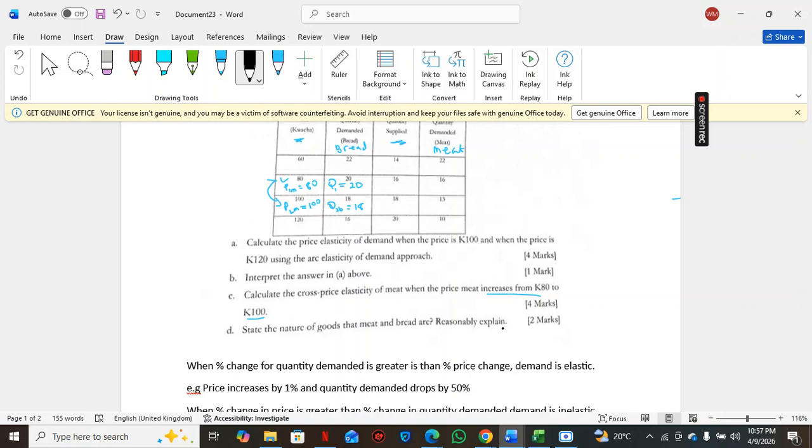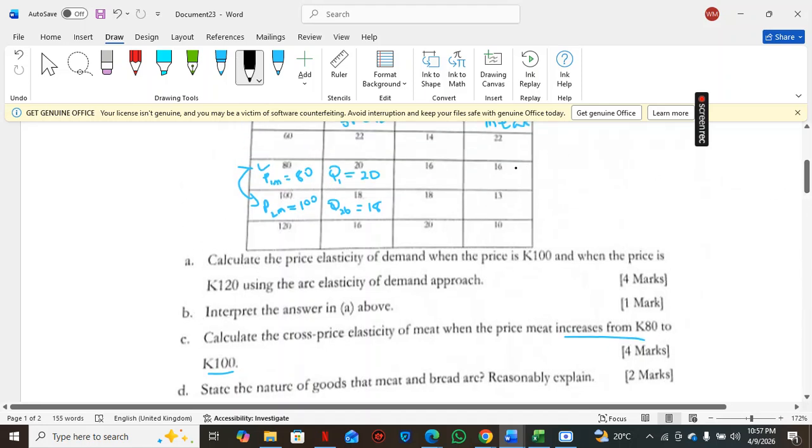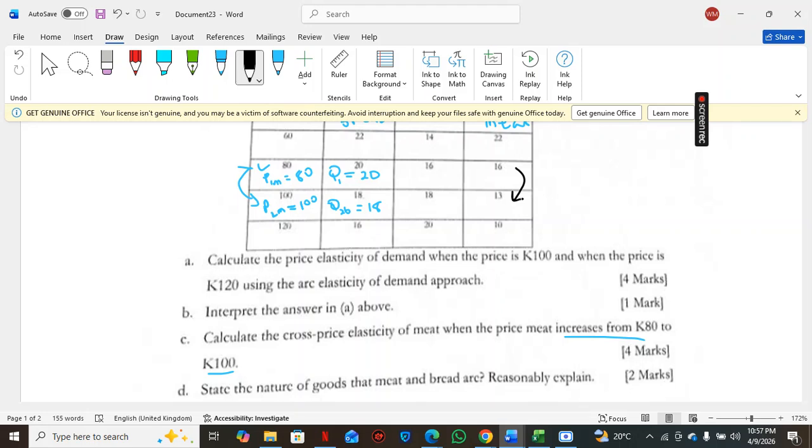When the price of meat increased from 80 kwacha to 100 kwacha, it means people bought less meat. Quantity demanded for meat dropped from 16 to 13. Since in this scenario bread is accompanied with meat, whenever you buy meat you should also have bread, probably for sandwiches.